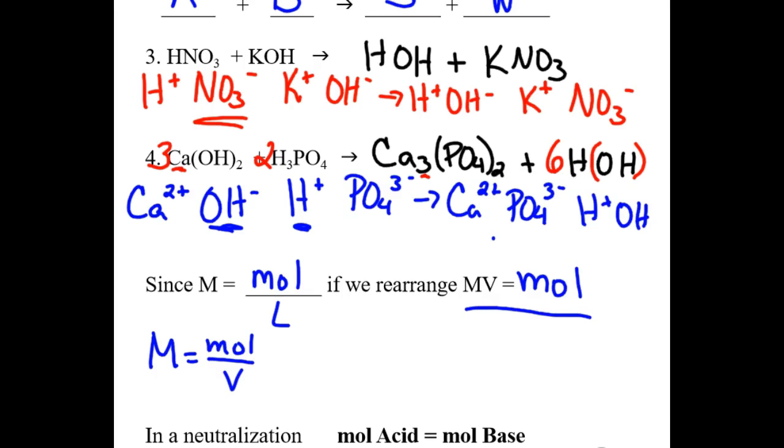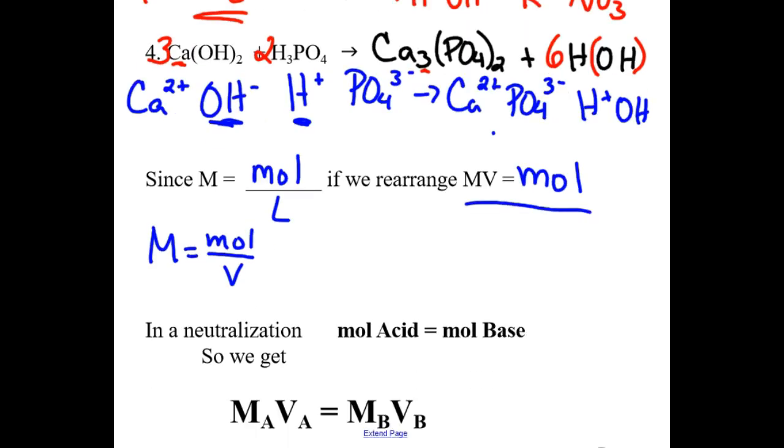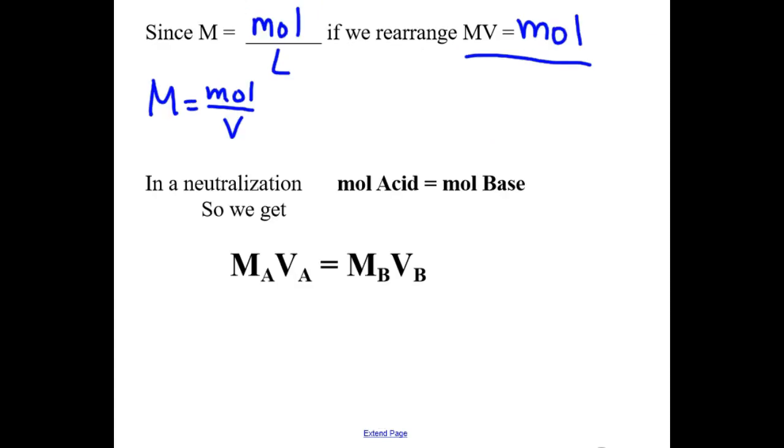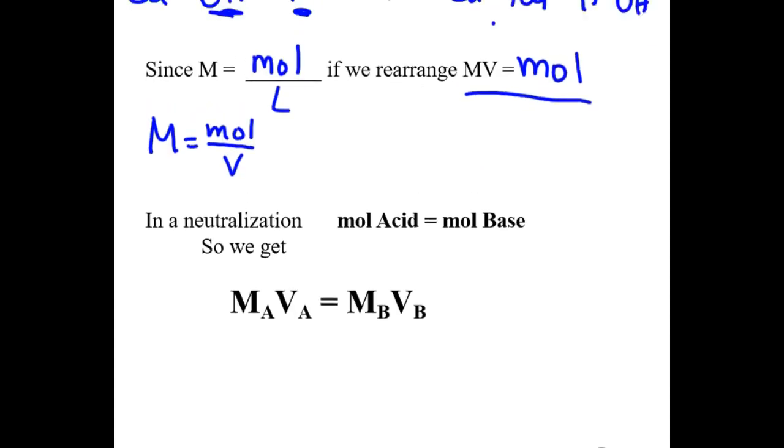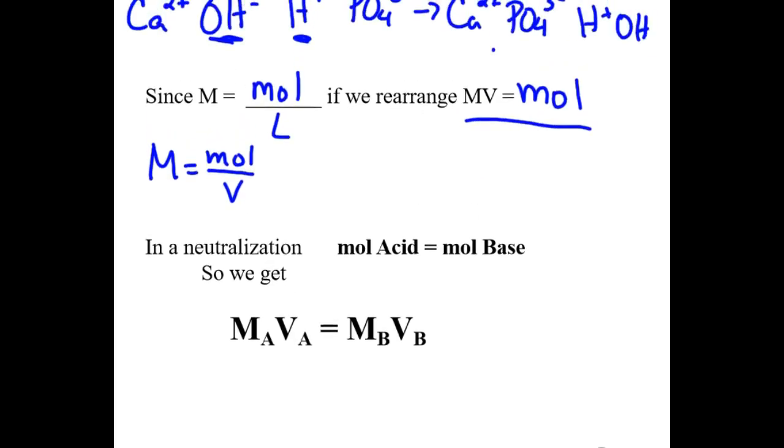Now, since we know that in a neutralization reaction, the moles of acid are equal to the moles of base, we can say that the molarity of the acid times the volume of the acid is going to be equal to the molarity of the base times the volume of the base when neutralization occurs.